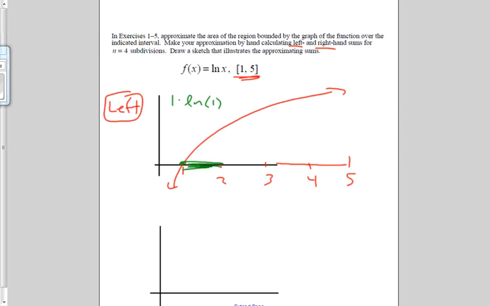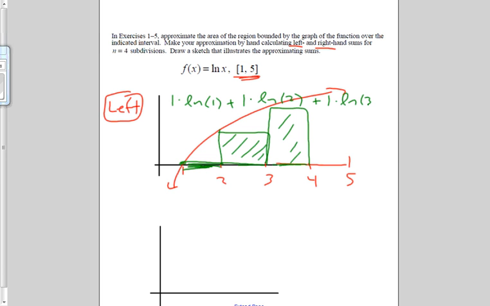And then from 2 to 3, I'm using my left bound, so plus 1 times ln of 2. And then from 3 to 4, I'm using my left bound value, plus 1 times ln of 3.